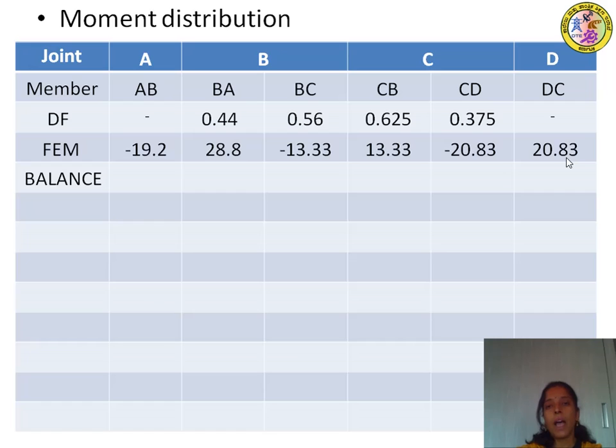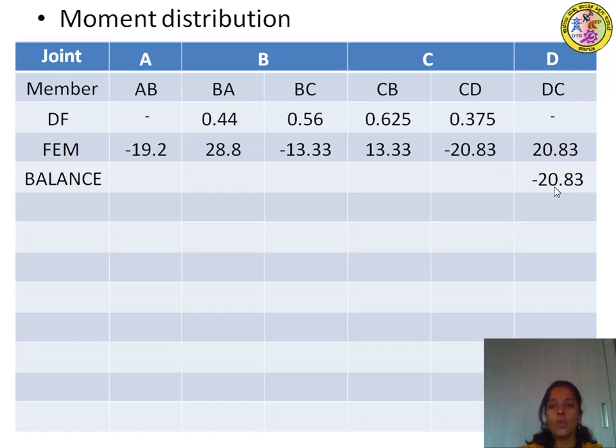So we will balance it, or we will make this moment 0 first. So let us balance joint D first by applying how much? By applying minus 20.83. To make the moment at D 0, we have to apply a moment of minus 20.83 at joint D.